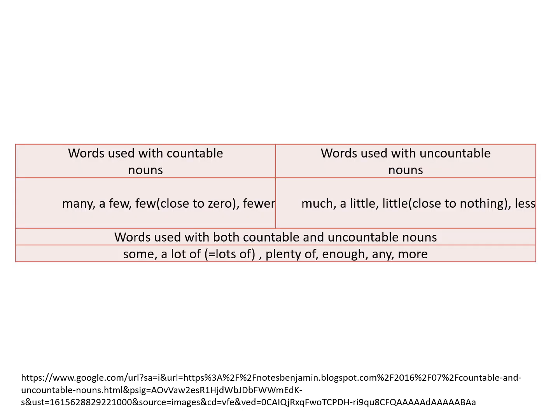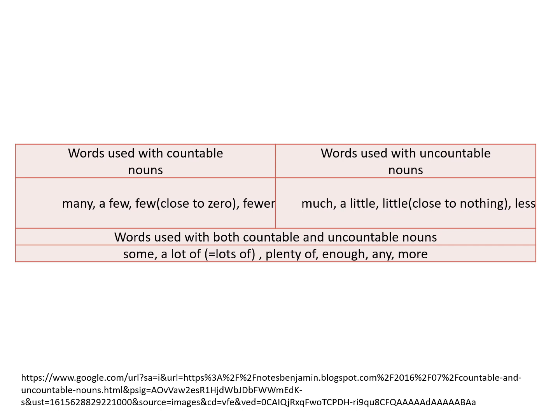As you can see here, there are words used with countable nouns and words used with uncountable nouns. Words used with countable nouns: many, a few, which means a little bit, close to zero, and fewer.